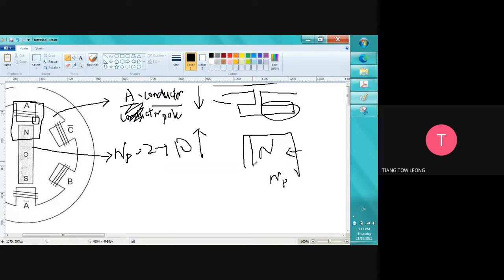If it becomes more, it becomes like this: north pole, south pole, north pole, south pole, north pole. So the ampere conductor per pole, we focus only here, it will be decreased. If one pole covers these two parts, but now one pole only covers one small part here, this is the meaning of the ampere conductor per pole being decreased.